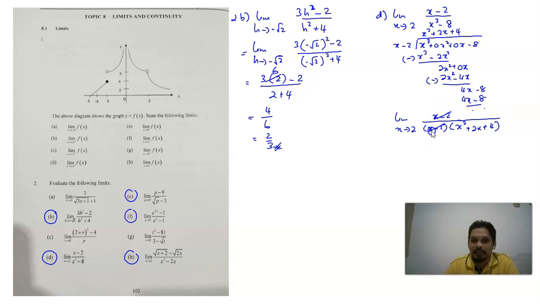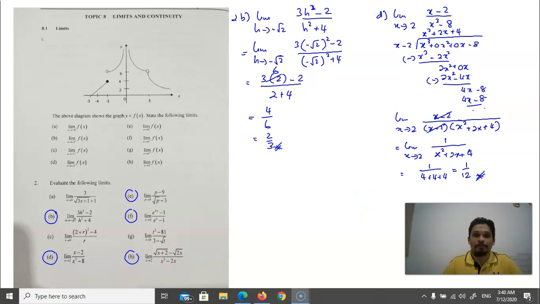Dividing by itself, it comes up with the limit of x approaching 2 of 1 divided by (x squared plus 2x plus 4). So then substitute x equals 2 here: 1 over 2 squared equals 4, 2 times 2 equals 4, and then plus 4. Then we come up with 1 over 12.